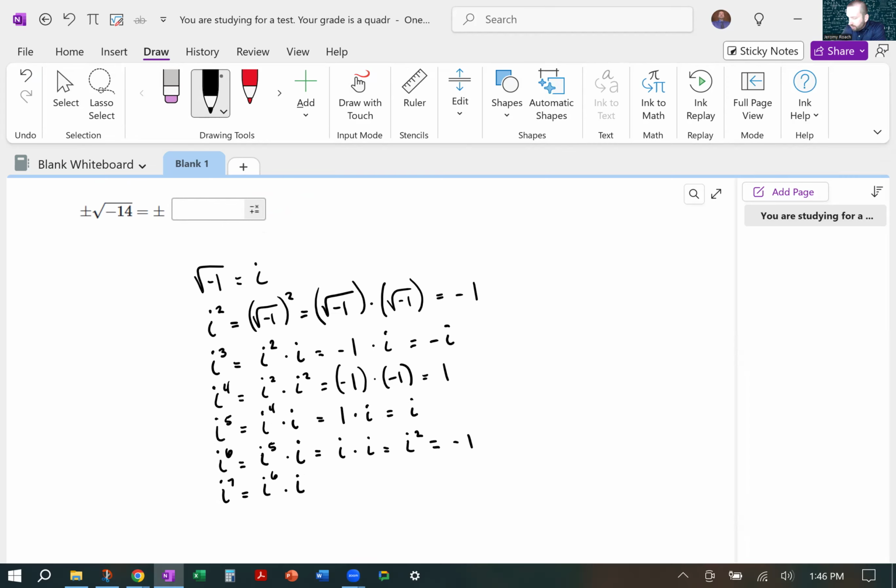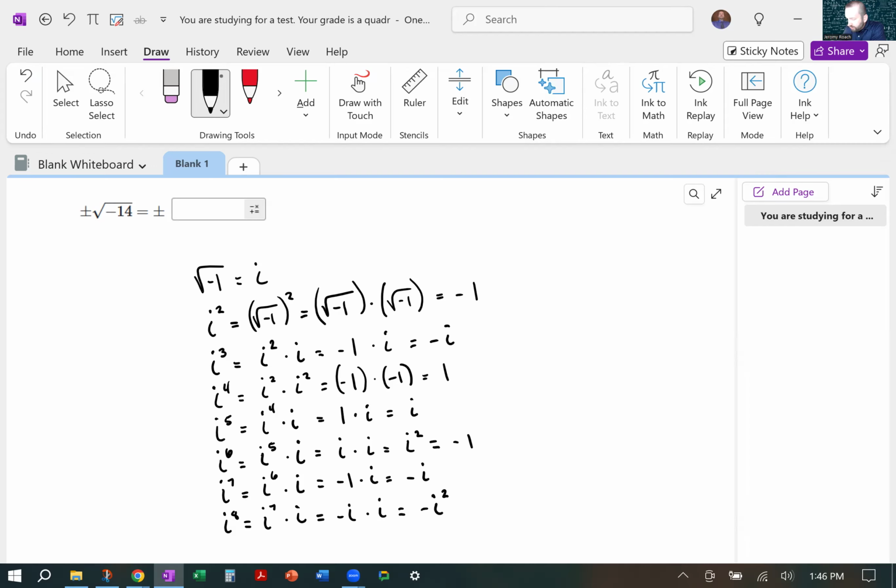I to the 6th we found out is -1 times I is -I, and I to the 8th is I to the 7th times I. I to the 7th we found was -I times I, and this equals -I squared.